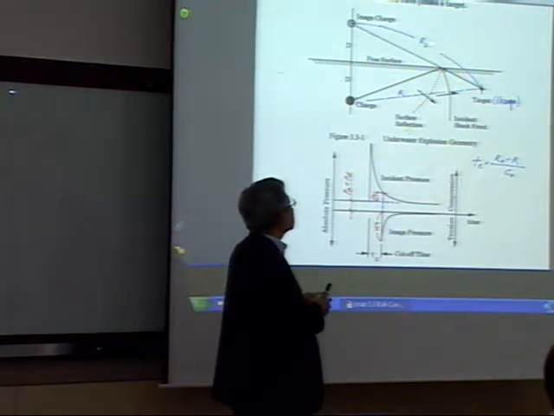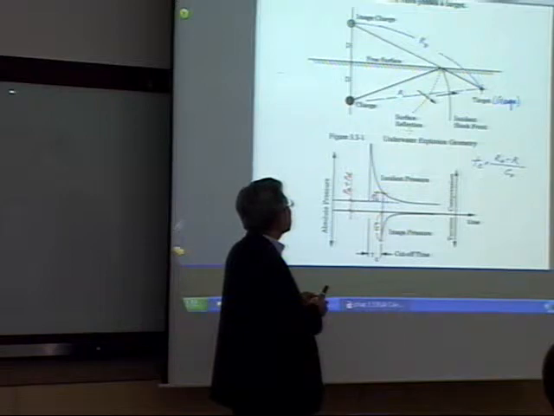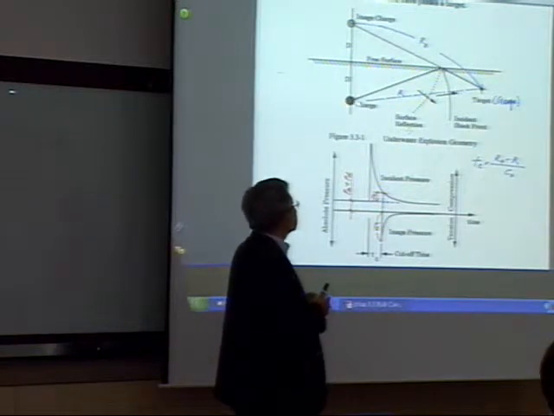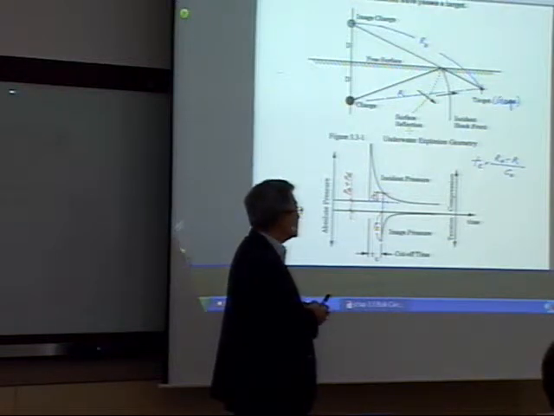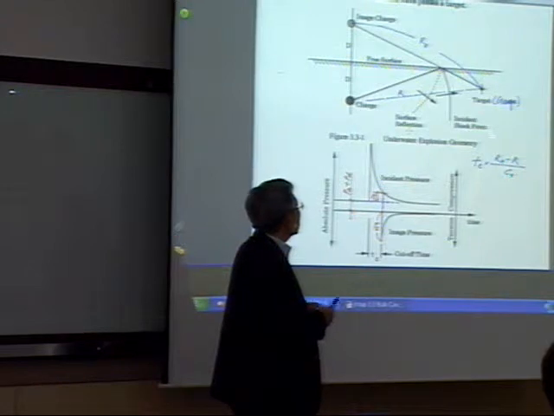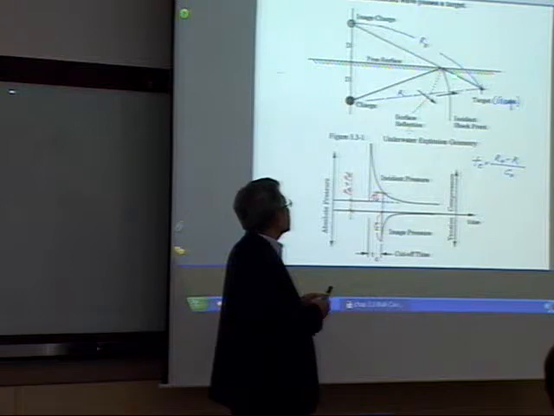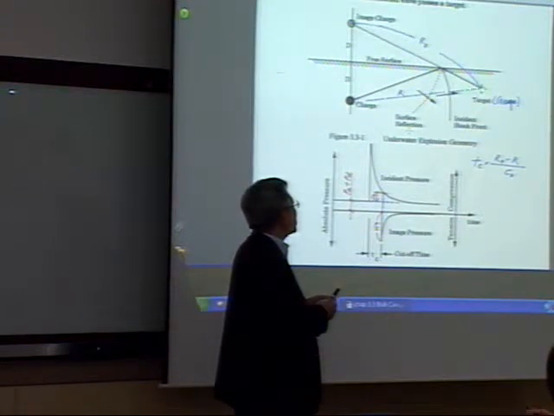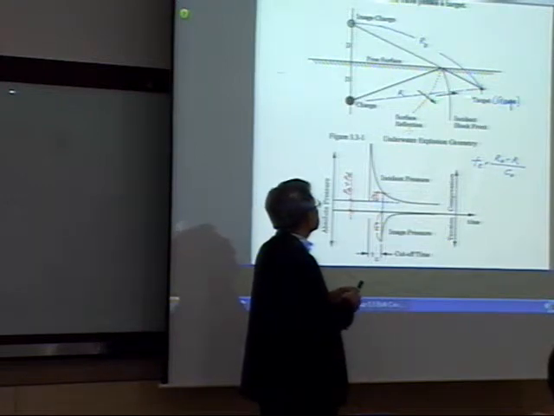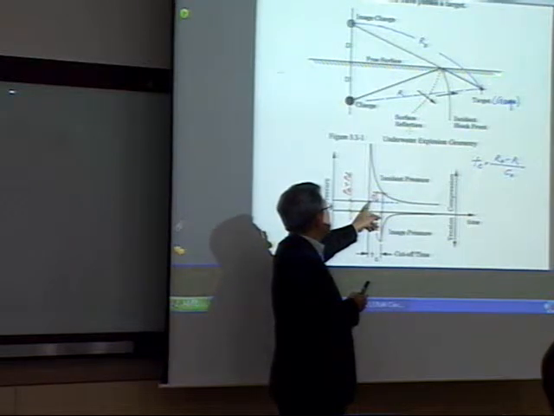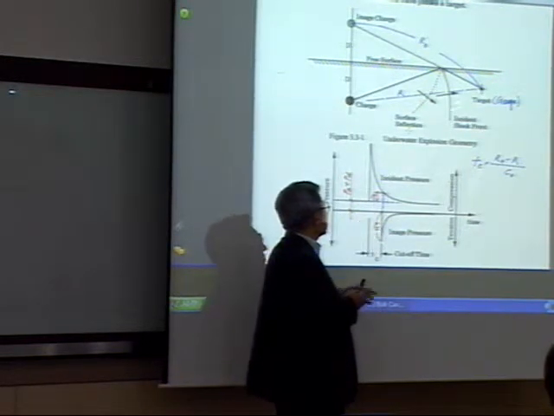So R naught is longer than R. So this distance plus that distance is longer than R. So TC is R naught over C naught. This is the time that it takes to come down and hit the target. Then you have to subtract that distance, which is the time that the incident shock wave hit the target.